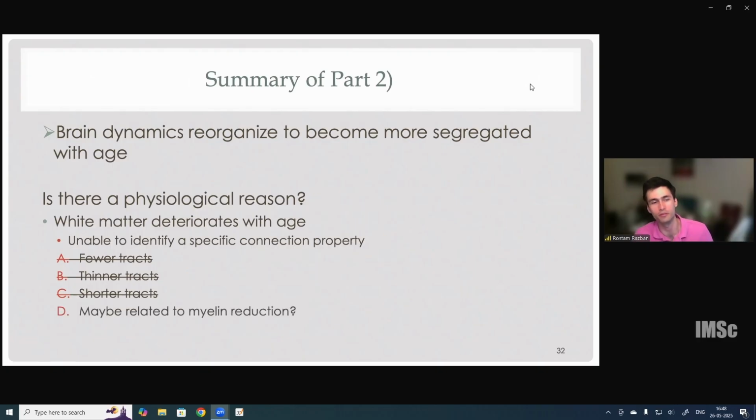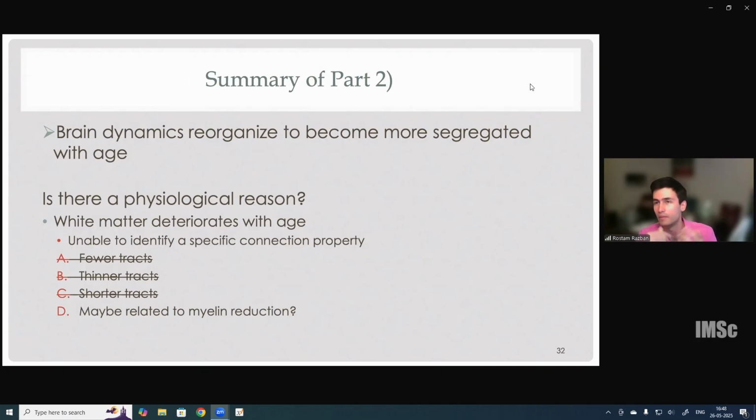In future work, we're thinking about maybe studying myelin and looking at these cool myelin MRI data to see whether the problem is just at the functional scale of myelin deteriorating. Just to make sure we're on the same page, myelin is this fatty substance surrounding the white matter tracks. It's what makes white matter white, and it's responsible for making the transduction of neuronal signaling fast and efficient.